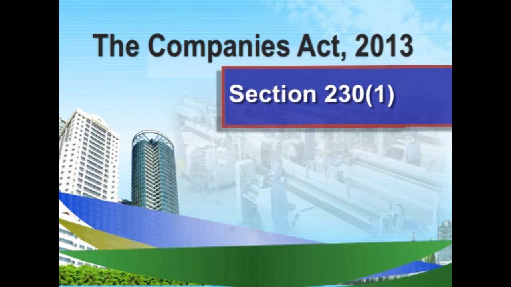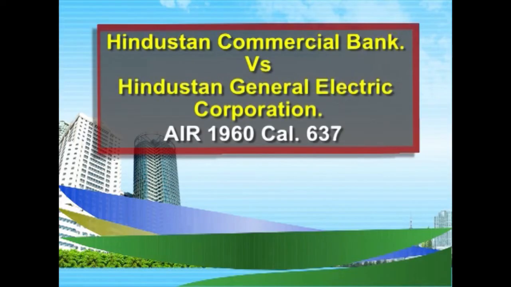On the other hand, Section 230, subsection 1 provides for arrangements, which for the purpose of this section means reorganization of the share capital of the company by consolidation of shares of different classes or by division of shares into shares of different value or by both these methods. Hindustan Commercial Bank vs. Hindustan General Electric Corporation, AIR 1960, Calcutta 637.